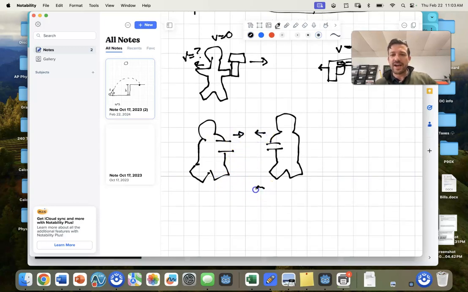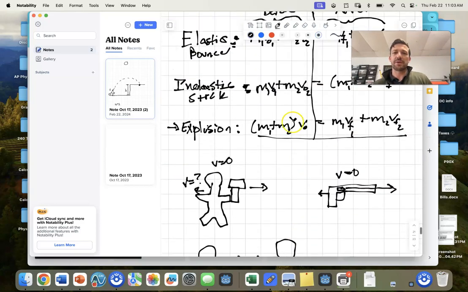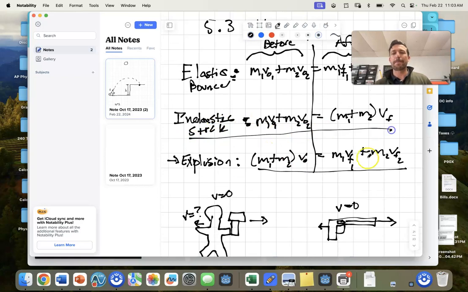They're going to collide, and then you got these two sumo wrestlers collided together. They're like in a hug, I guess. I don't know what I'm doing here. And they fly together in one direction. What would that be? So they stuck together, right? They had their own momentums at the start, but then they stuck together and went in one direction. So that would be a sticky collision.